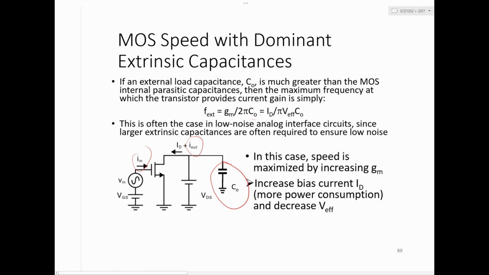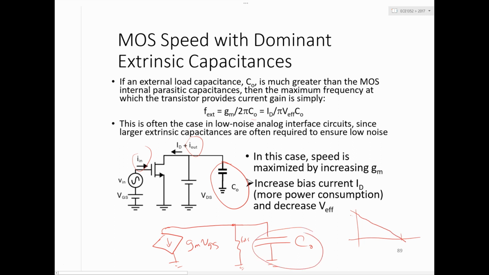Being the dominant capacitance. So the unity gain frequency, I want to draw it out. Here's GM VGS, and it's driving this load CO. That exhibits a gain, which at low frequency might be depending on RDS, but at a high frequency starts coming down, right?